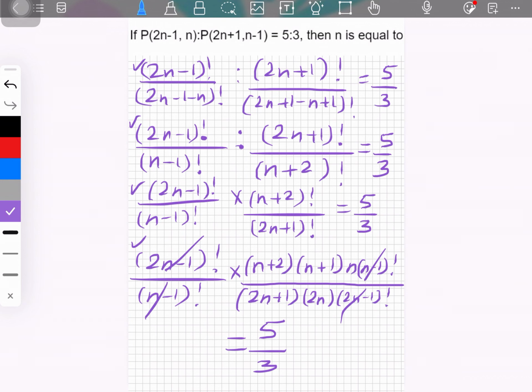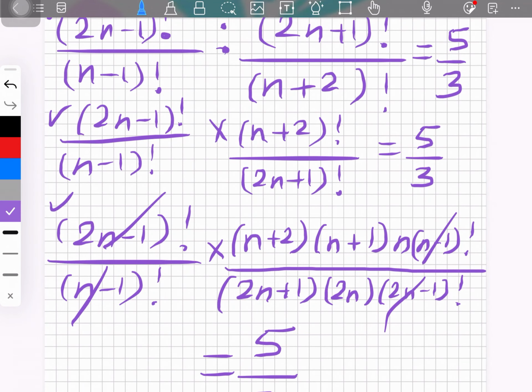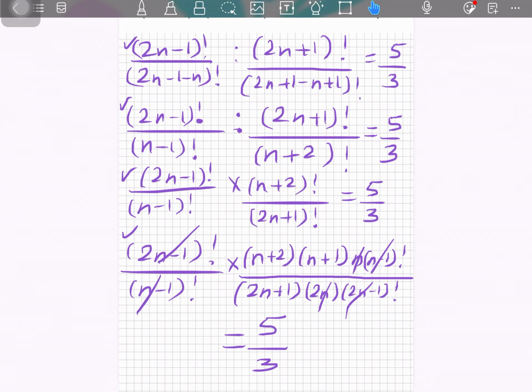Now it's simple, right? And one more thing, this n over here cuts this n over here. So now we can multiply this with this and this with this and find the value of n.